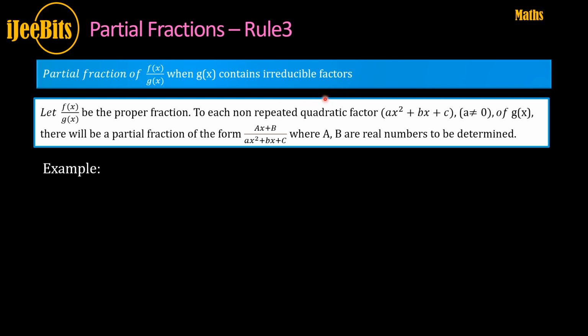In that case, how are you going to solve this problem? Rule number 3 is going to help you identify this scenario and give you a hint to resolve a given fraction into partial fractions.